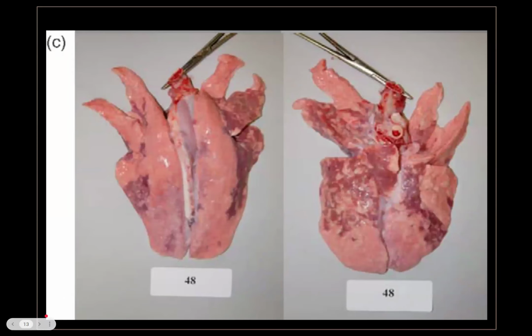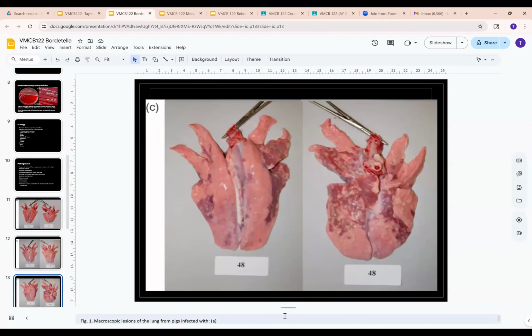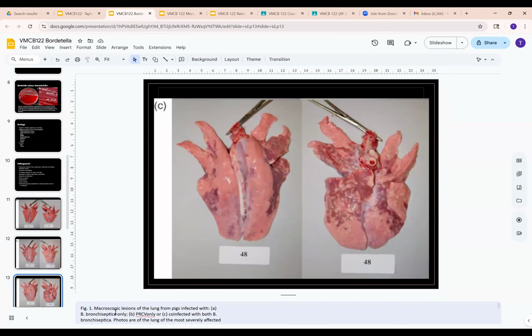And then in letter C, these gross lesions are the same again, no? Okay.